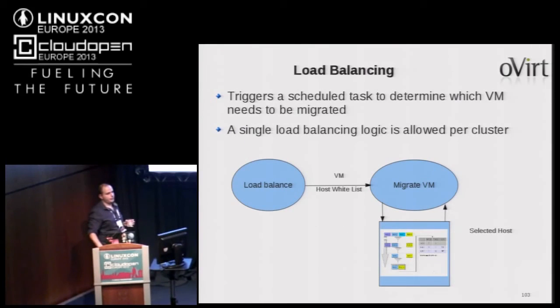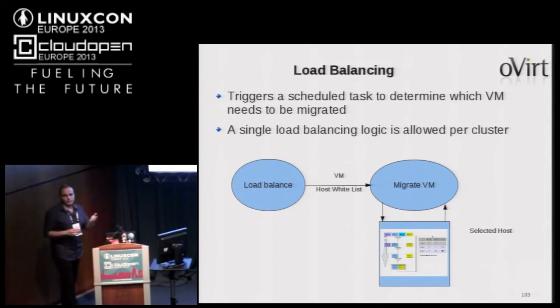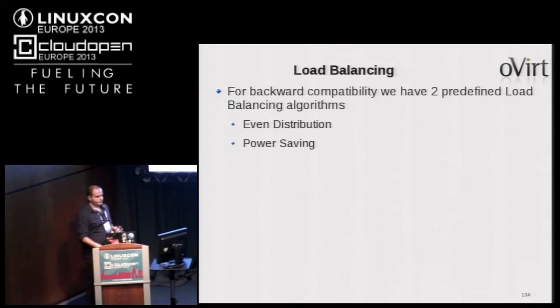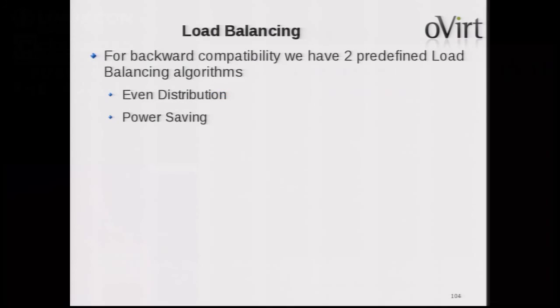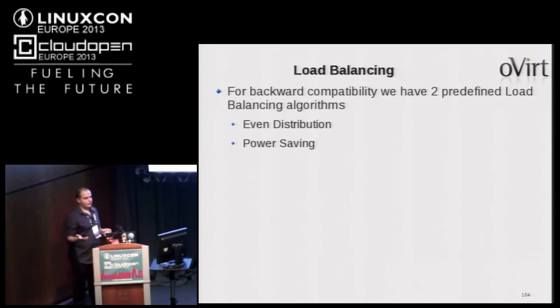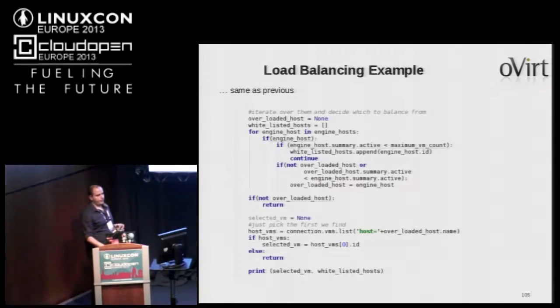And the third part in here is a load balancing that periodically runs and determines whether a VM should be migrated now in my environment. Again, we had two load balancing algorithms, evenly distributed and power saving, and we created two predefined load balancing policies for that.